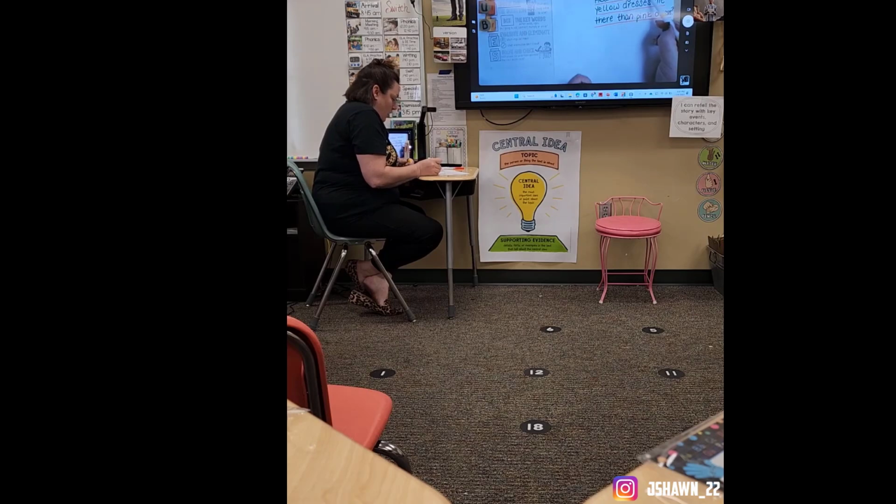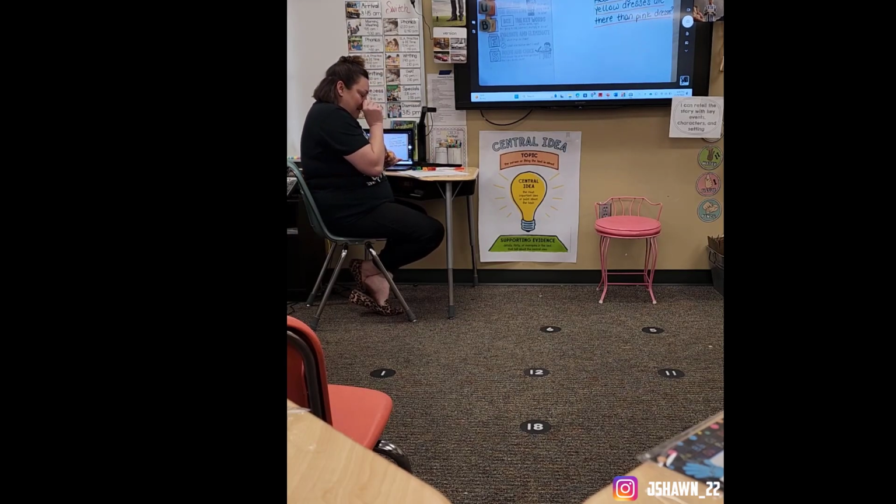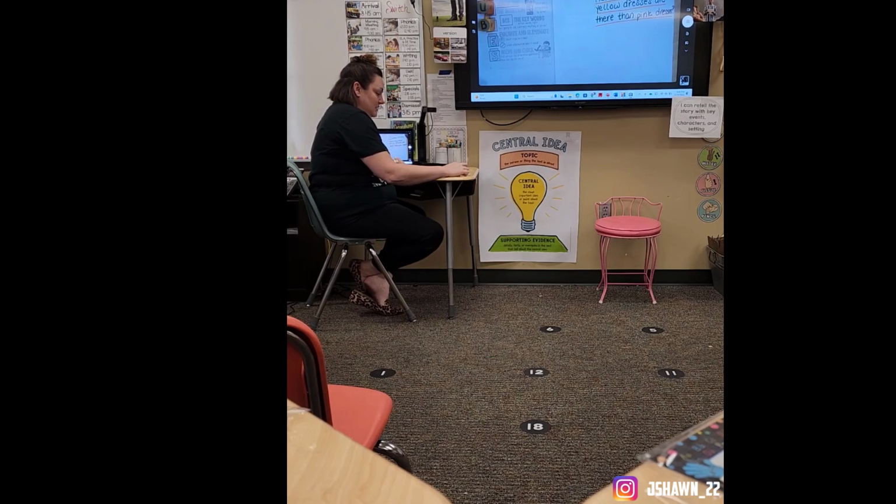How many more? My action words are right there. How many more yellow dresses are there than pink? So more and yellow and pink. Those are my key words that I'm going to use to try to figure out how many more dresses Sophie has.